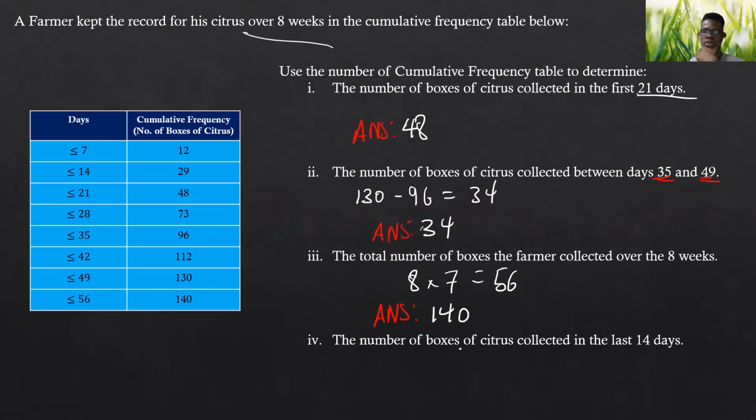The number of boxes of citrus collected in the last 14 days. The last, emphasis on last, the last 14 days. What do I need to look at? What cumulative frequencies do I need to look at?